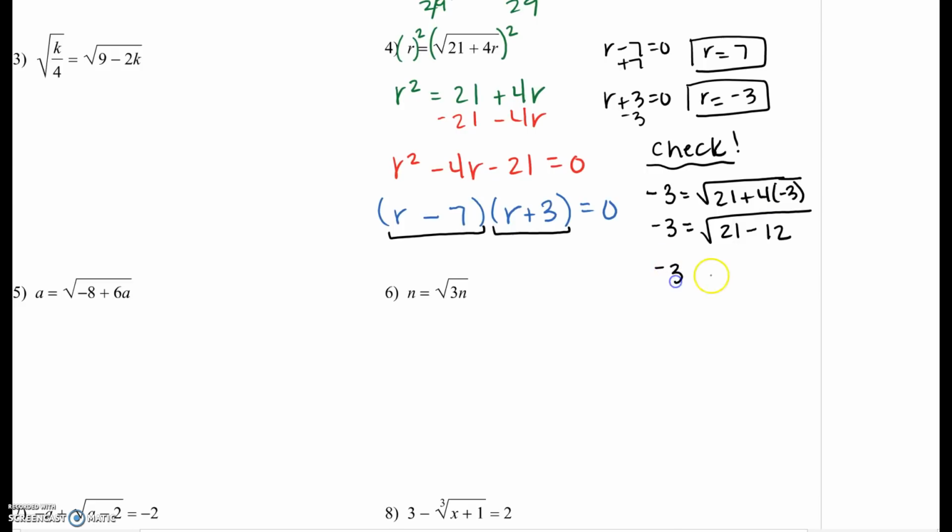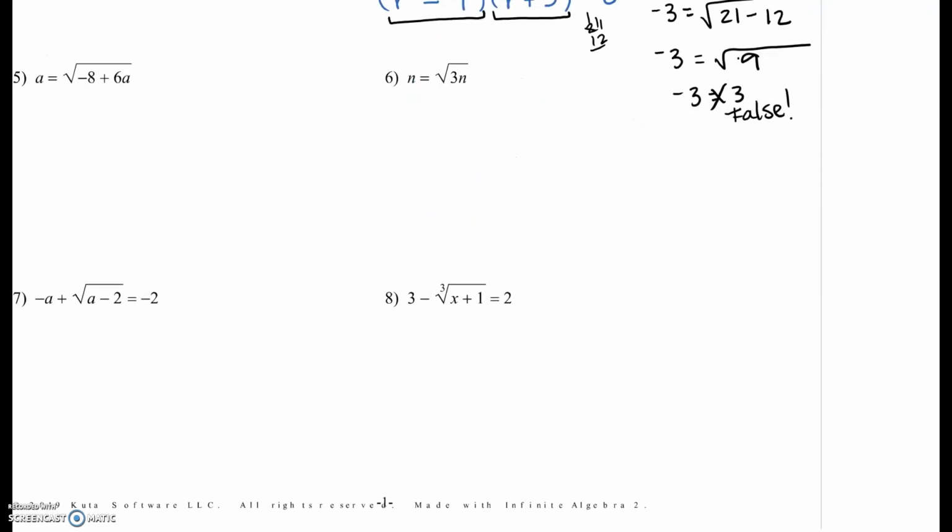And so we have negative 3 equals the square root of, let's see, 21 minus 12 gives us 9. So we have negative 3 equals 3. Doesn't work, right? So we don't take into consideration our negative 3 because it does not make this statement true. It makes it false. We would do the same for 7. 7 actually works out a little bit nicer, and it works out.